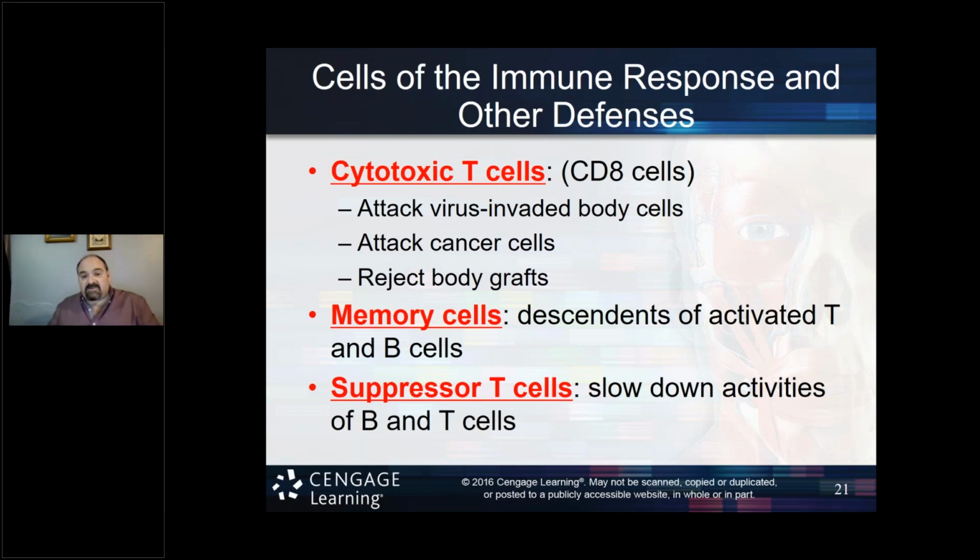The suppressor T cells, or the inhibitory T cells, are involved in slowing down the activities of the immune response. As the infection is subsiding, we need to initiate these suppressor T cells so that we don't continually have such a high level of inflammatory response.